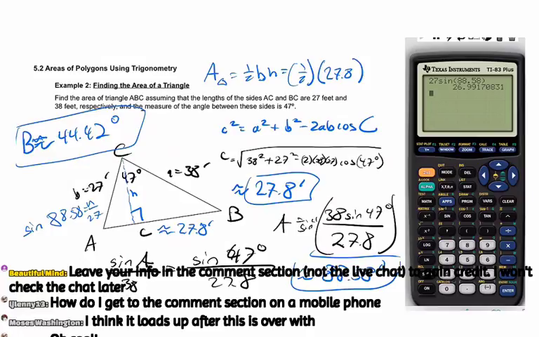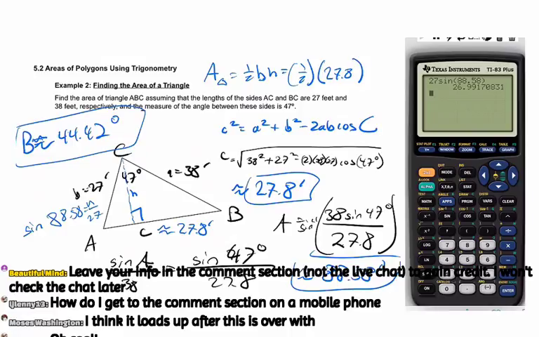We'll get something close. It's about 26 point something. So it's one half the base times the height. That's an approximation.